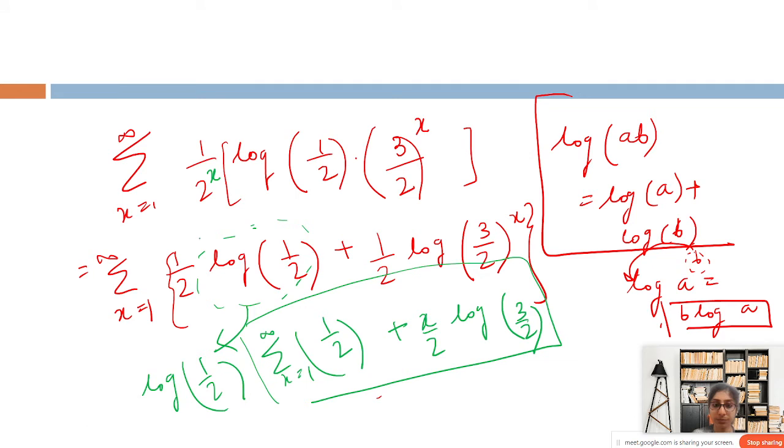So this is 1 by 2 to the power x log of 1 by 2 plus, because this was being multiplied to the whole, 1 by 2 to the power x into log of 3 by 2 to the power x.